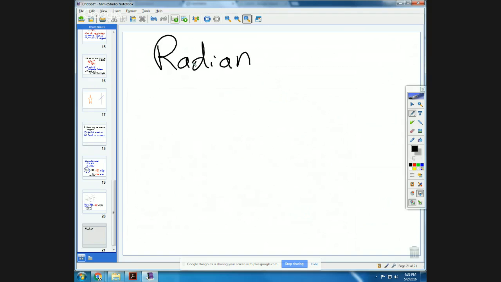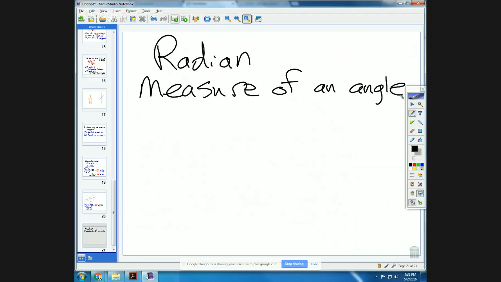Now, this is something you're very unlikely to teach in elementary school. But I think as adults and teachers, you ought to be aware of this idea. So the idea of a radian measure of an angle. One way to think about it is you just take the arc length and divide by the radius.